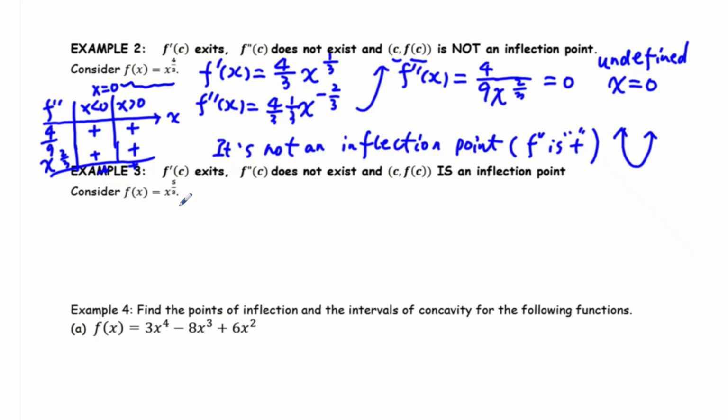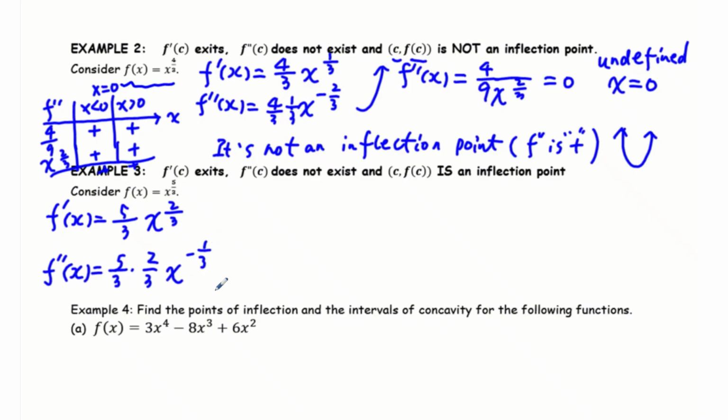Then we have another example. We see whether this one may be an inflection point or not. So f prime: bring the degree to the front, then degree take away 1, then double prime, 5/3 degree to the front, then degree take away 1. So then we solve this one.